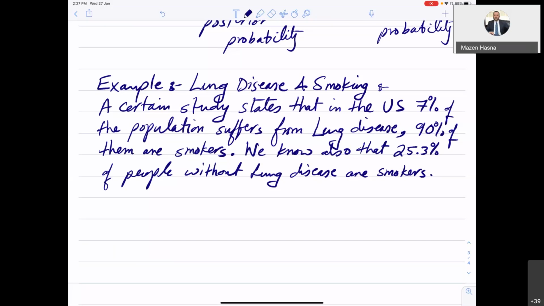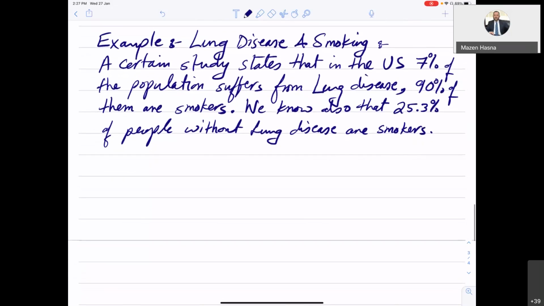So I have one quarter of 320 is like 80 million. 80 million, they don't have lung disease and they are smokers. Okay? I'm just setting up the scenario.